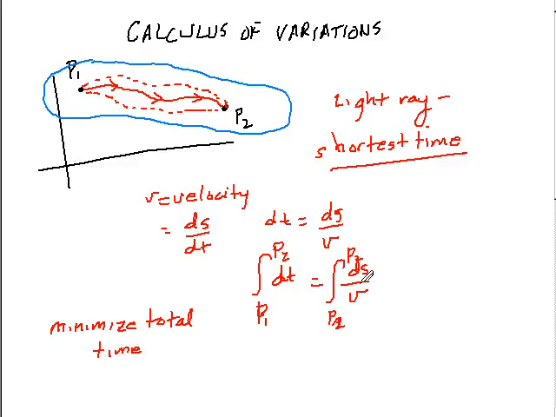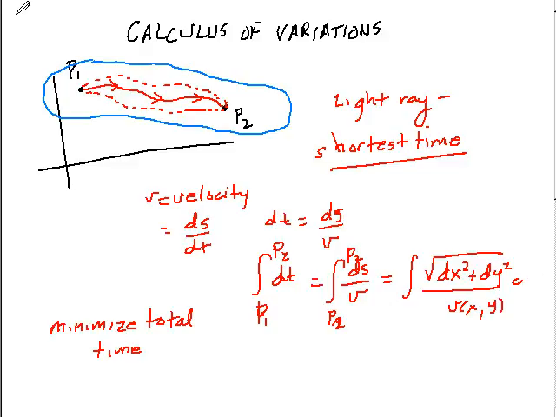Now, if you knew the velocity as a function of position, x and y, you could write ds as the square root of dx squared plus dy squared, over the velocity as a function of x and y.